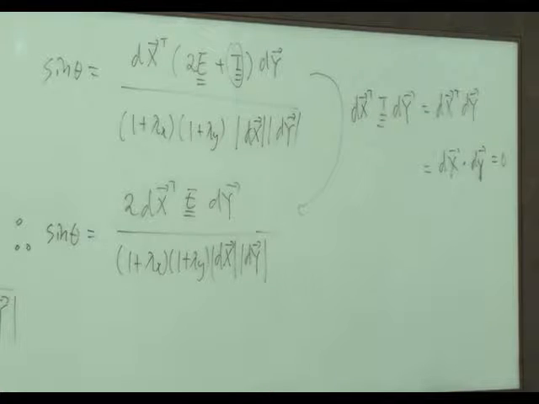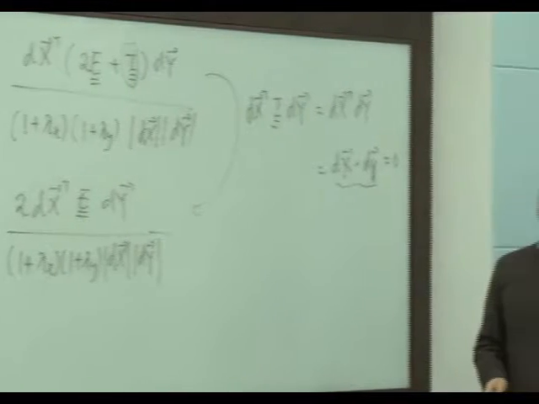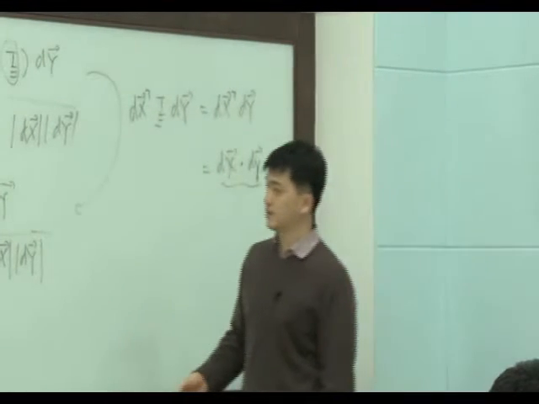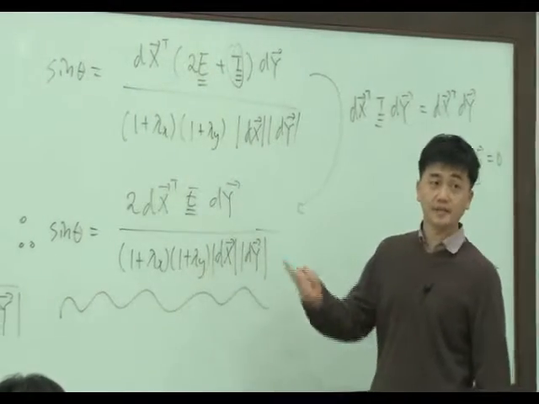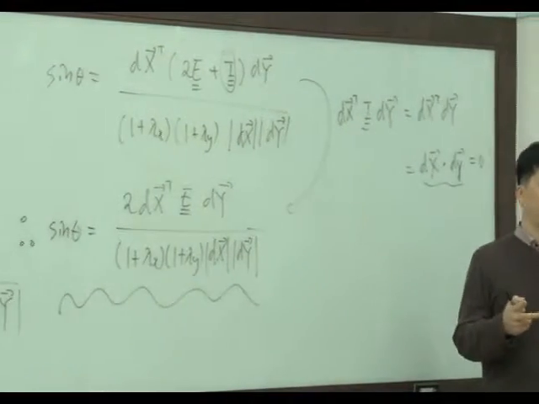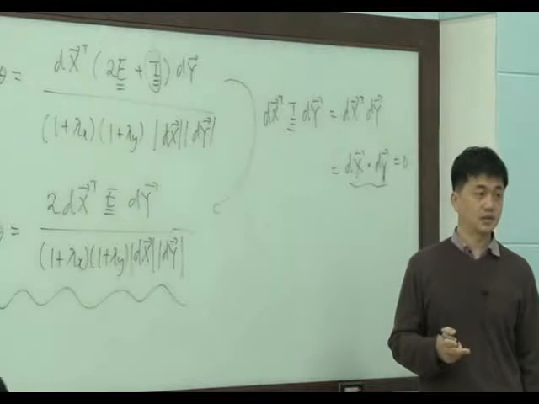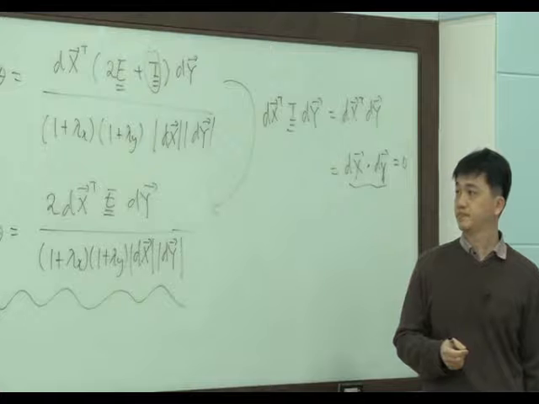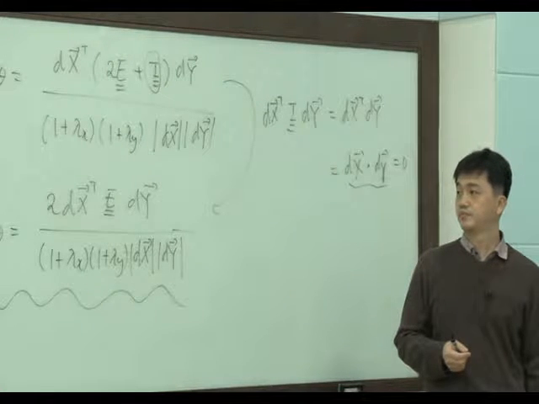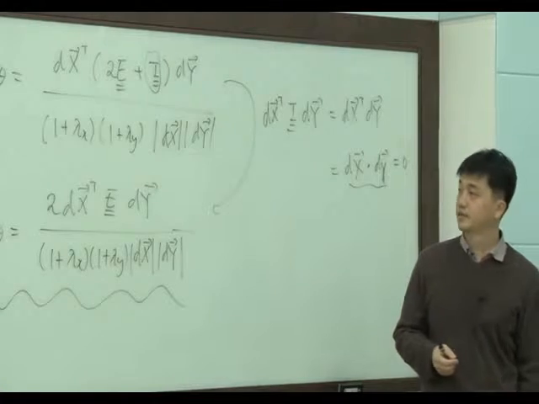So the dot product of these two vectors is 0. So this is the final result. We can calculate the angle after deformation in the current configuration.